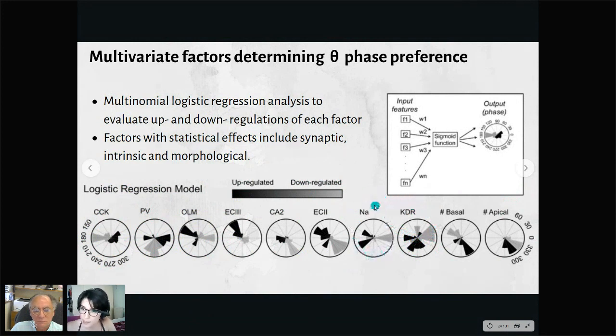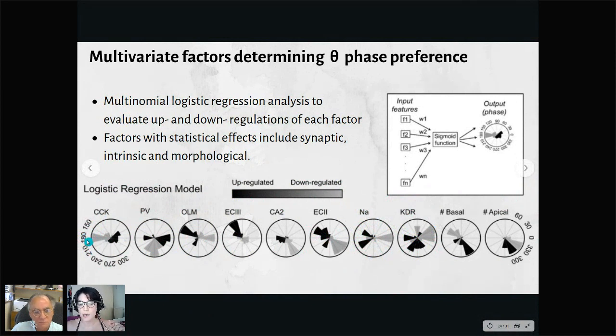But what I really liked is this sodium channel, because it's super intuitive. How is this working? If we have a high sodium ion channel density, then first of all, if we remind ourselves, the excitation starts coming into the theta phase at the peak with entorhinal cortex layer 3.